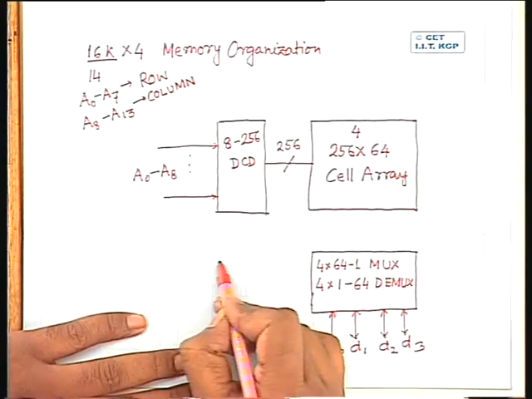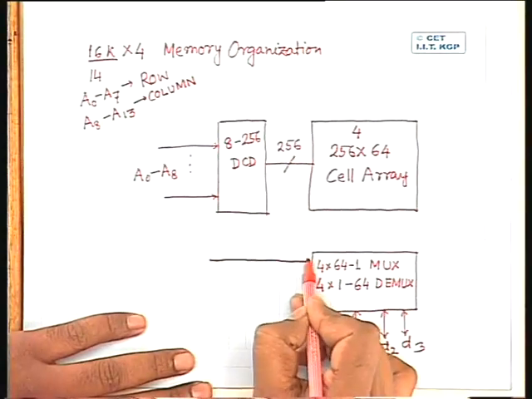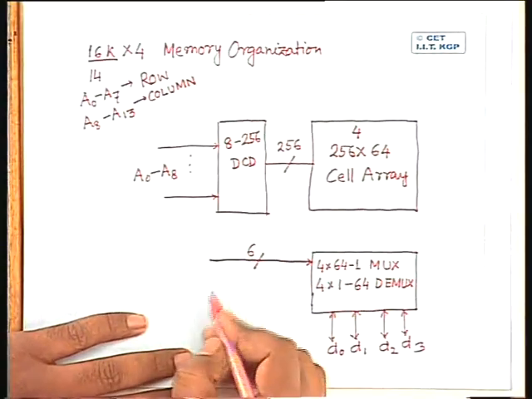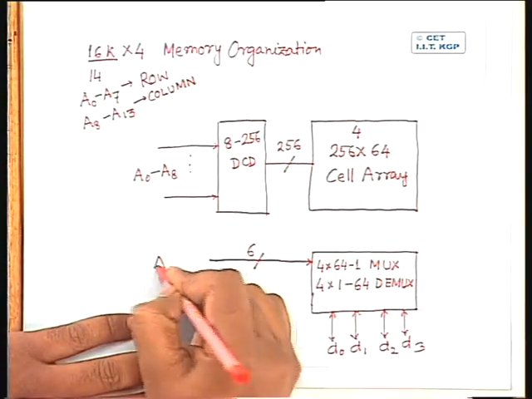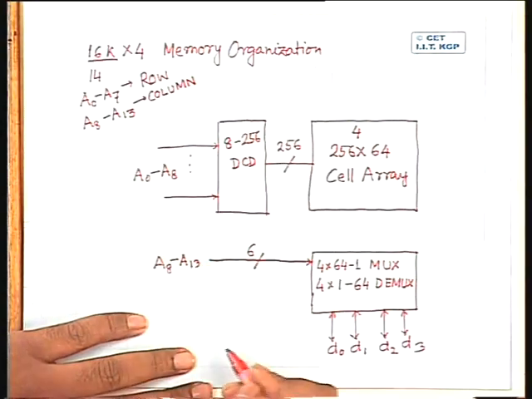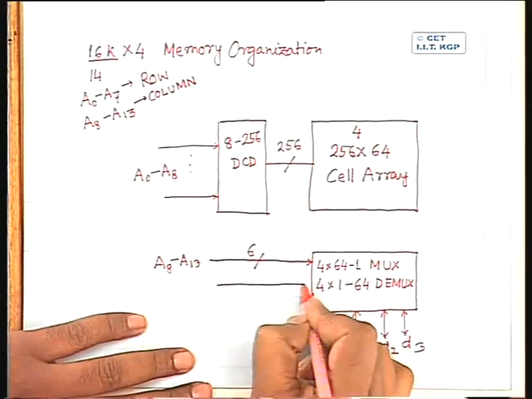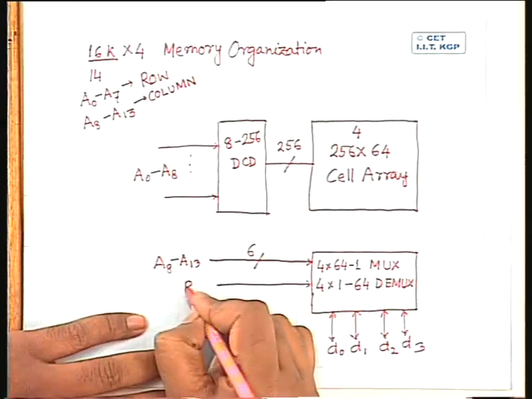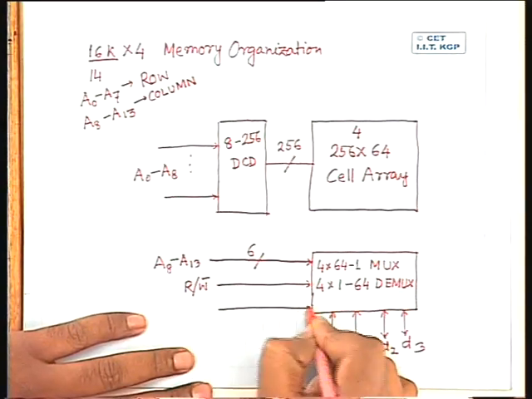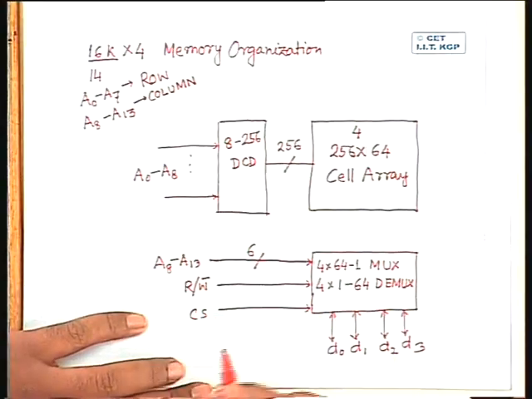This unit, the multiplexer demultiplexer unit, will get the column address, which consists of 6 lines, the addresses from A8 to A13. Okay. It will have control inputs, read, write bar. It will also have control input, chip select.